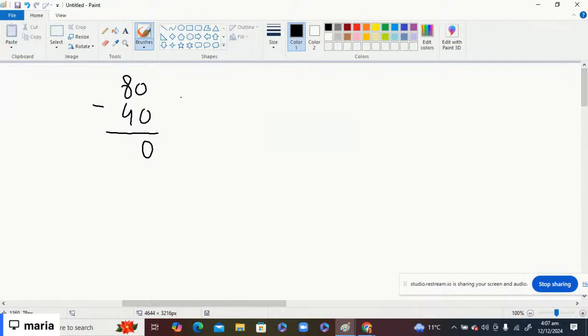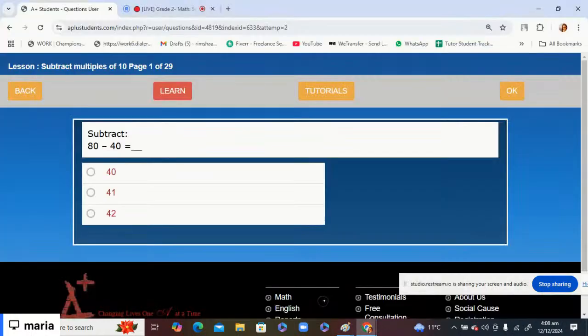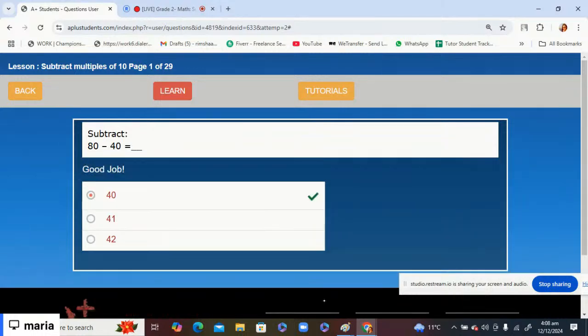Draw 8 lines. 1, 2, 3, 4, 5, 6, 7, and 8. So remove 4 lines. 1, 2, 3, and 4. How many lines are left? 1, 2, 3, and 4. So that is 40. Okay. Let's check, is there any answer for 40? Yes, it's here. This is the right answer.